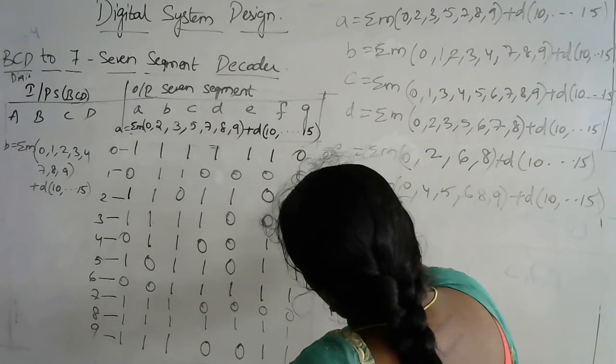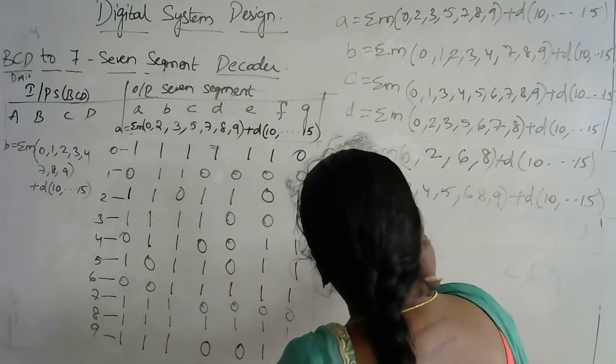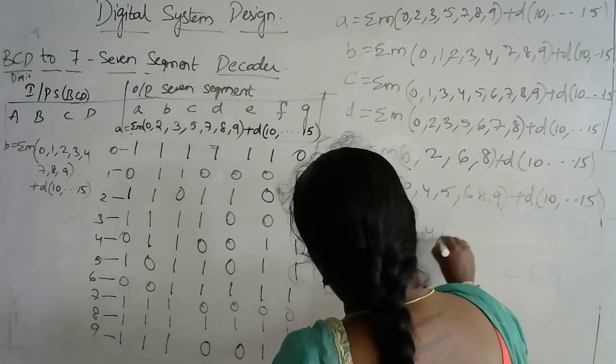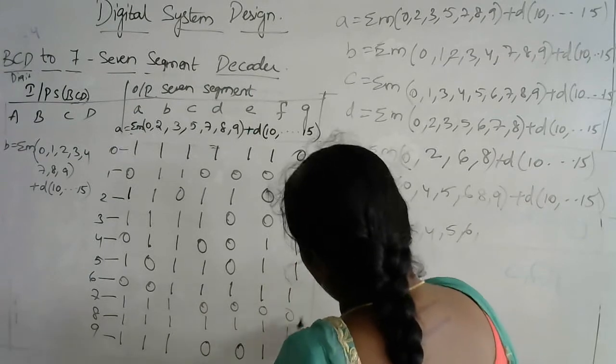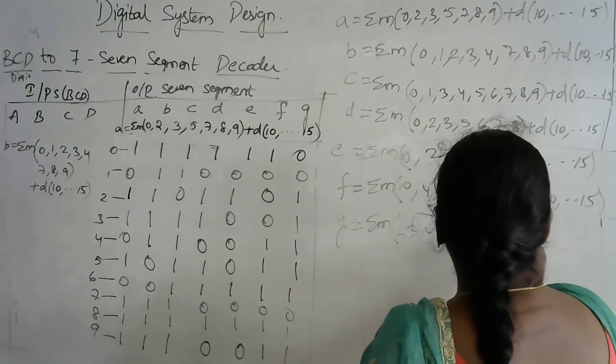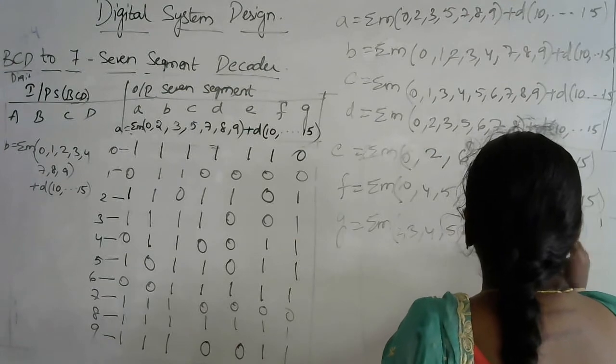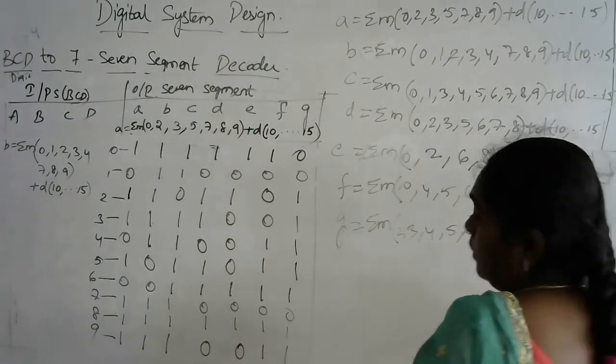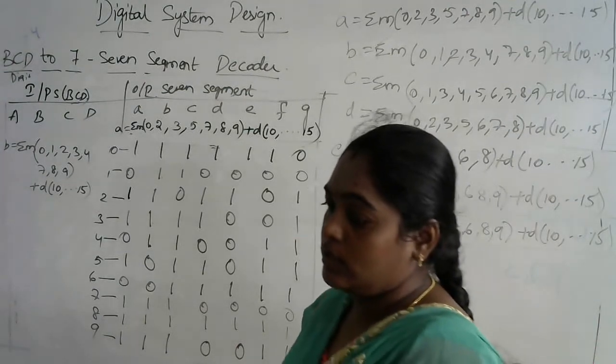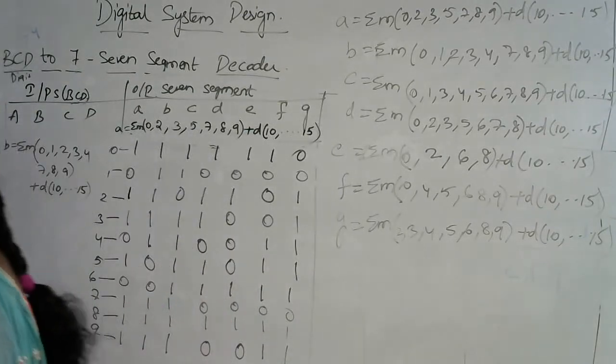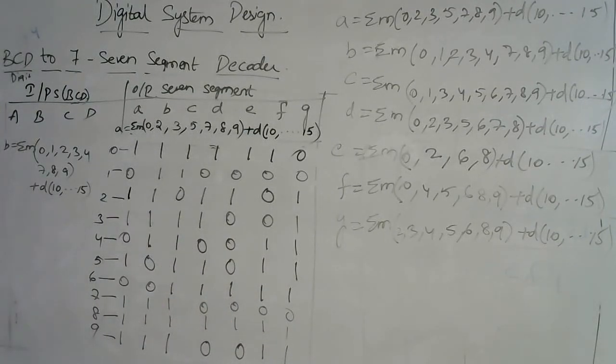So left over is 2, 3, 4, 5, 6. 7 is 0, 8, 9 plus don't cares of 10 to 15.